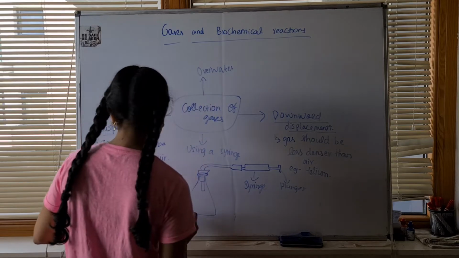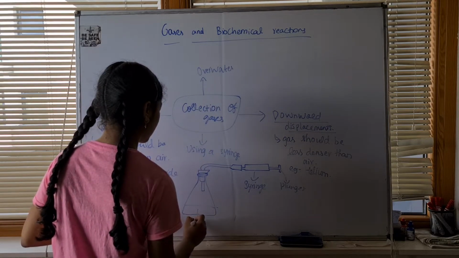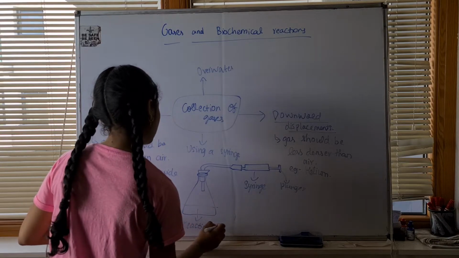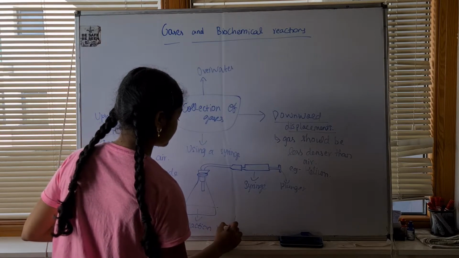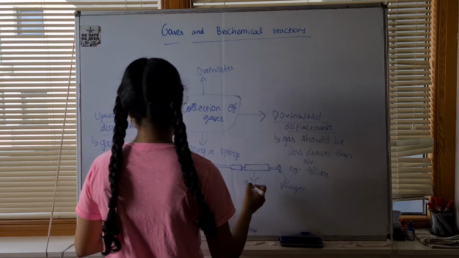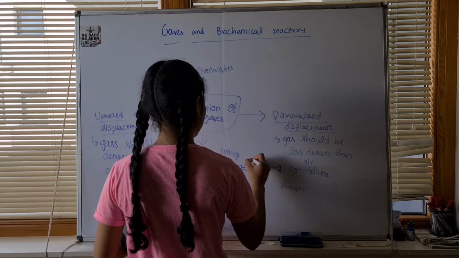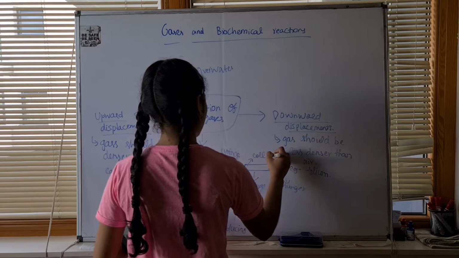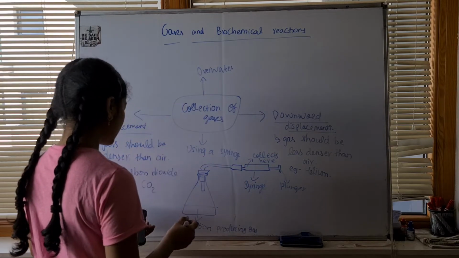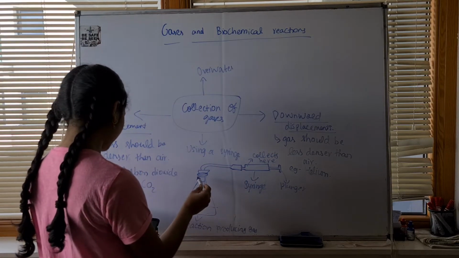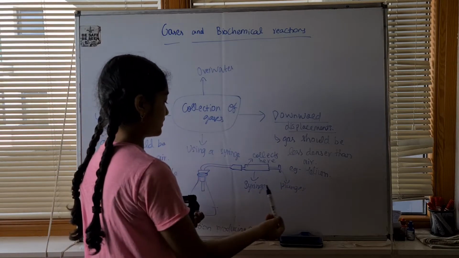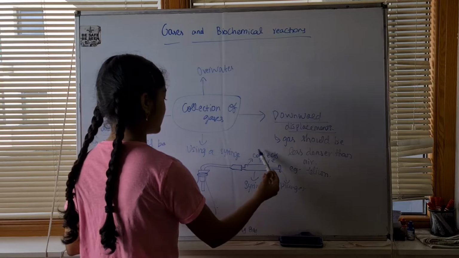This is the conical flask. And here is where the reaction occurs, in the conical flask, producing gas. And this gas collects here. What happens is the gas will rise from the conical flask and into the syringe by pushing the plunger backwards. So the gas gets collected in the syringe here.